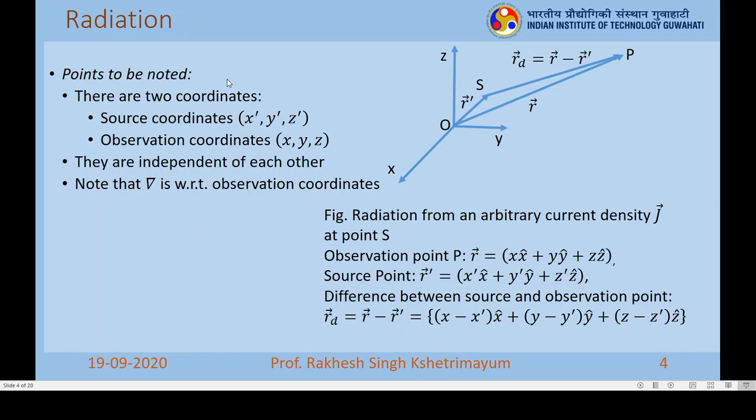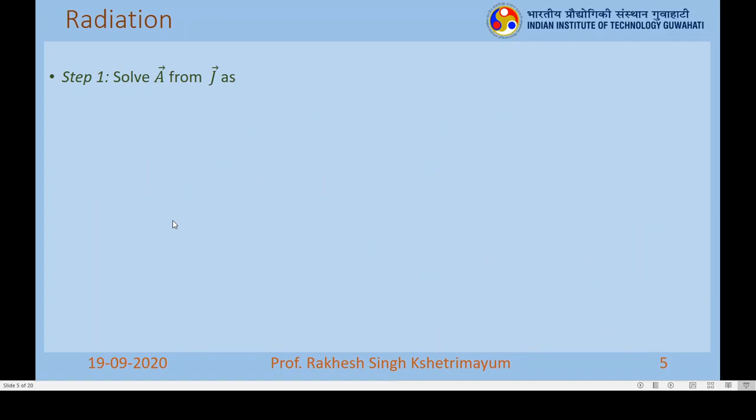We need to remember that there are two coordinate systems, one for the source, usually denoted with a dash, so x dash, y dash, z dash, and for the observation coordinates we have x, y, z without any dash. These two coordinate systems are independent of each other. One more point to be noted is that this nabla operator, or del, is with respect to the observation coordinates. With this in mind, let us try to find the fields.